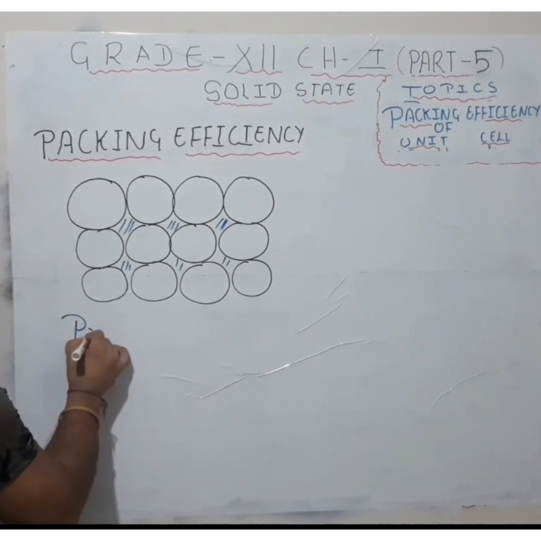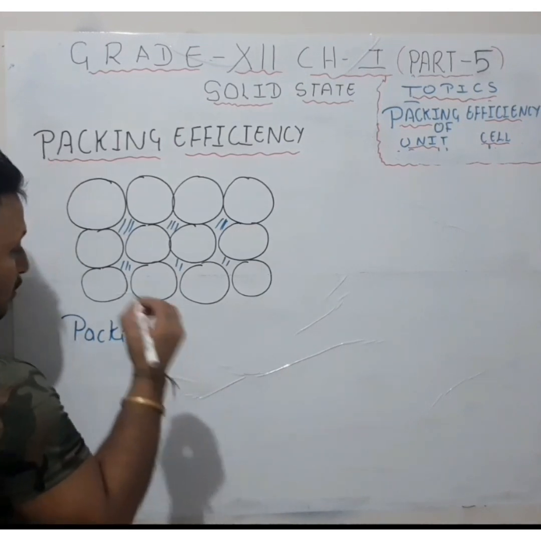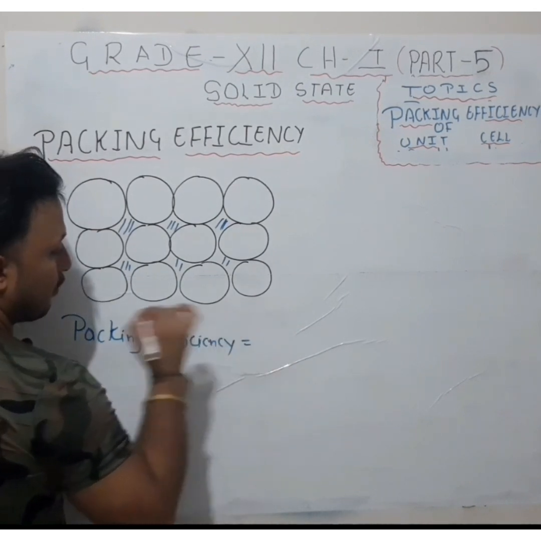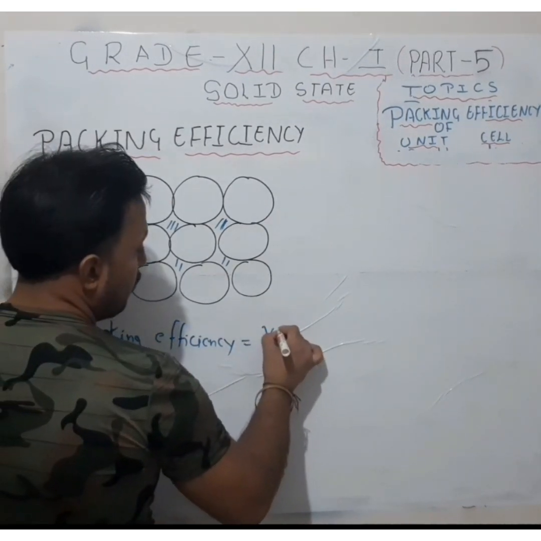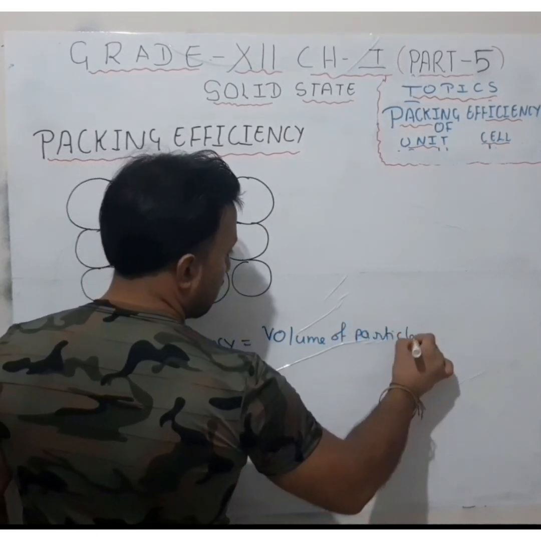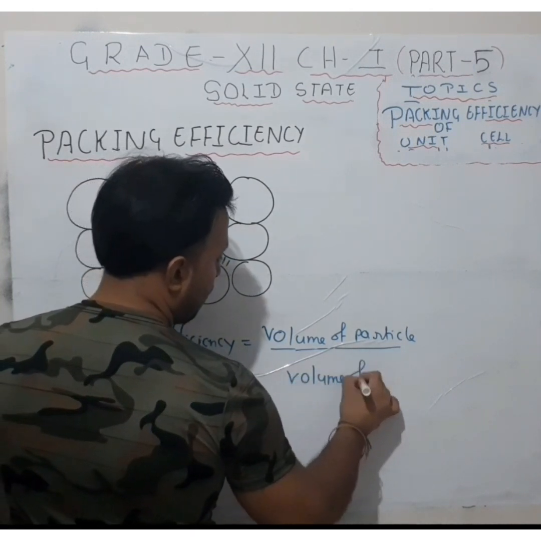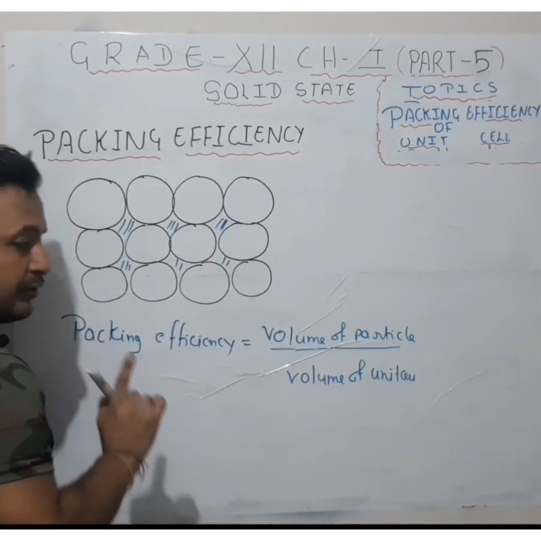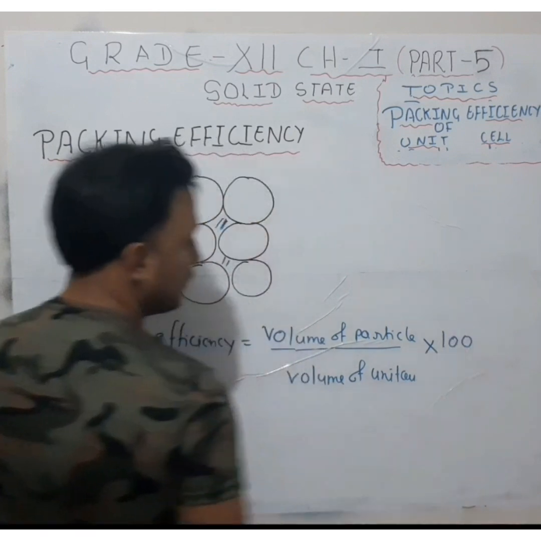Packing efficiency in any solid can be calculated in terms of the percentage of space occupied by the constituent particles. So for finding the packing efficiency in the case of a unit cell, the formula is the volume of particles divided by the volume of the unit cell, and as packing efficiency is always expressed in terms of percentage, it is going to be multiplied by 100.